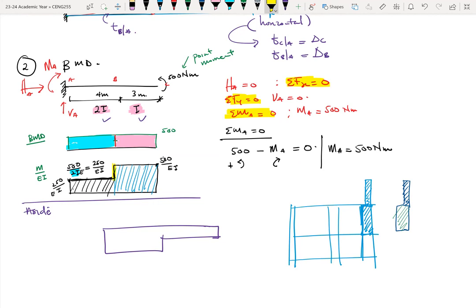For horizontal, is it going towards the left or the right? With vertical reactions, is it going downwards or upwards? With the moment about a point, is it clockwise or anti-clockwise? That should help you formulate the equations and then solve for the unknowns.